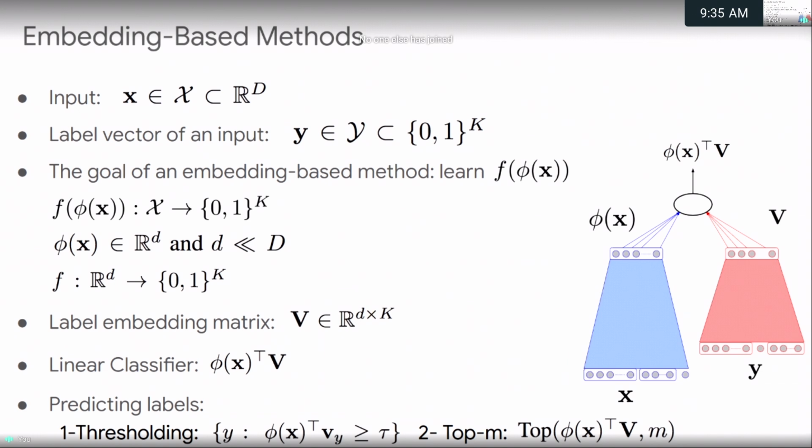The second approach is called top M. Once we do this inner product, this matrix multiplication, we consider the top M entries, the top M labels, and say that these are going to be our M labels corresponding to this input.